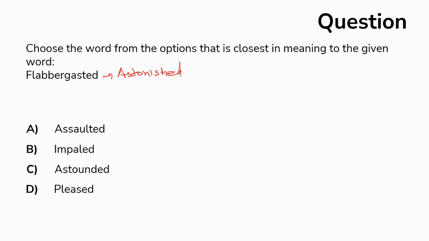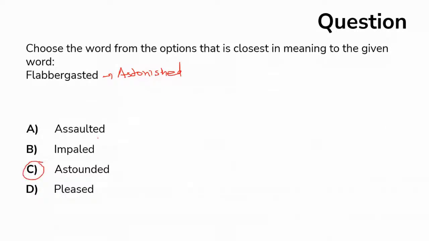So another word that has a similar meaning is astounded, which is answer option C. So answer for this one is C.